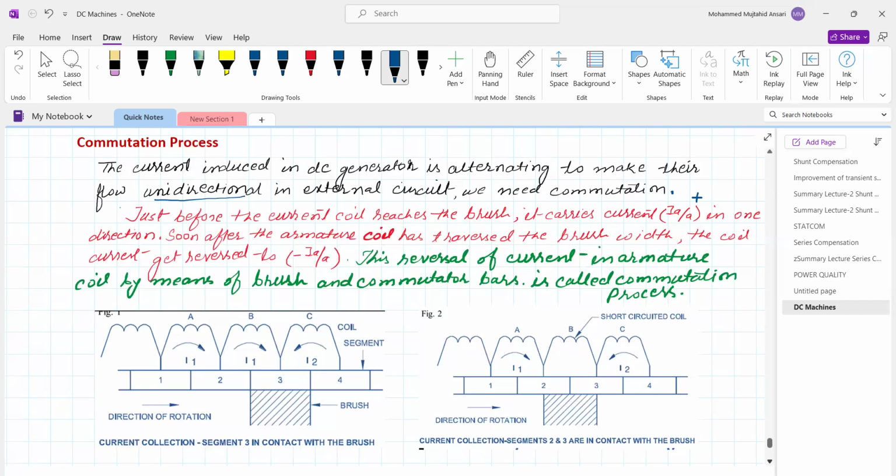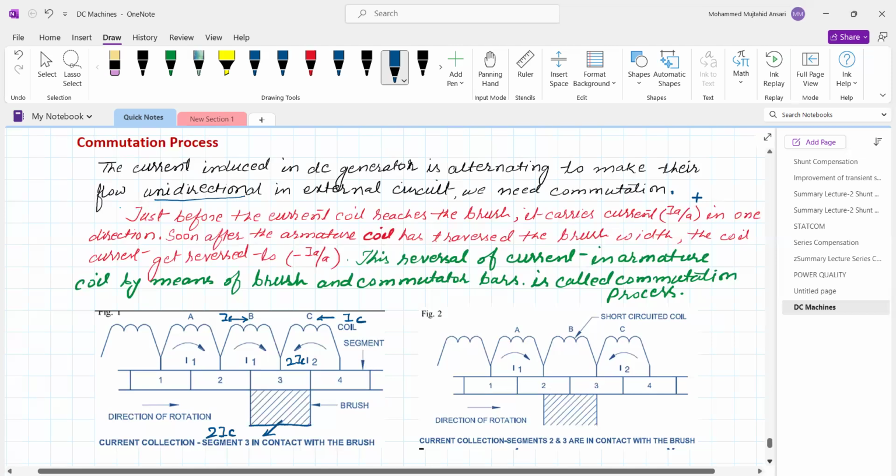Now these are the coils. This carries current in this direction, IC, and this current in this direction, IC. So the total current is twice IC, and it will conduct in the external circuit as twice IC.